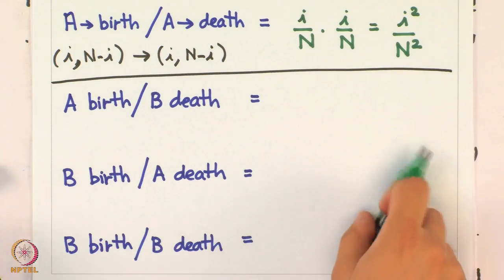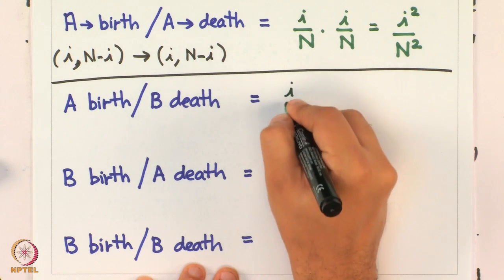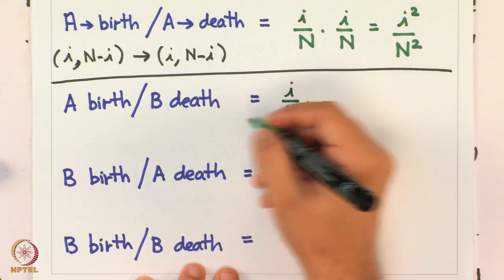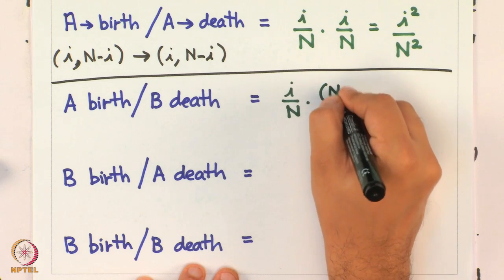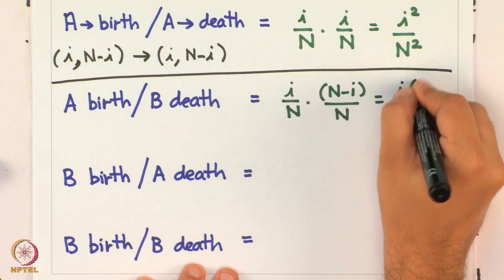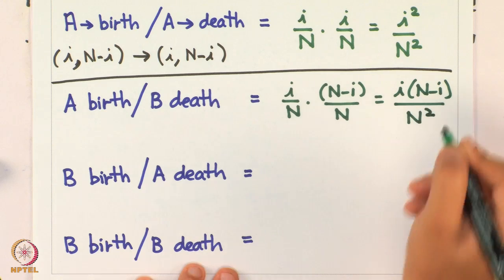What about if A gets selected for birth and B gets selected for death? So, the selection of A, the probability associated with that is i by n. Selection of B, it's n minus i divided by n. This is just i times n minus i divided by n square.